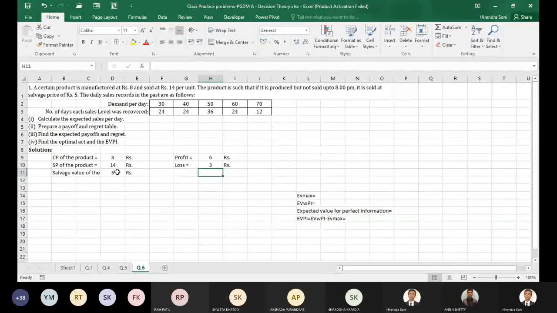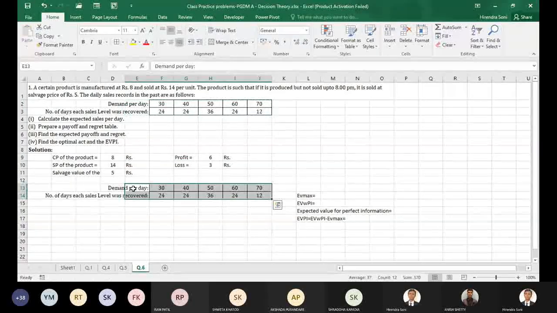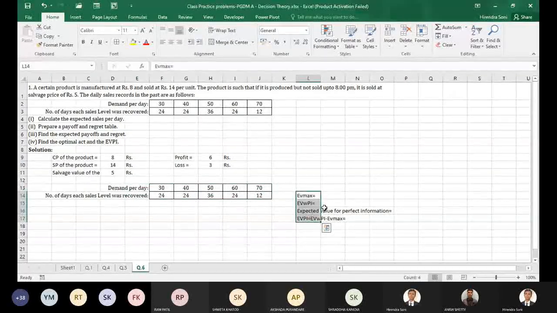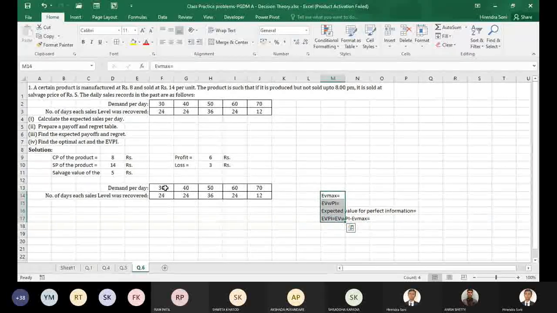Sir. Now the daily sales record has been given to me as number of days of the past history. मतलब 30 units was the demand for 24 days.